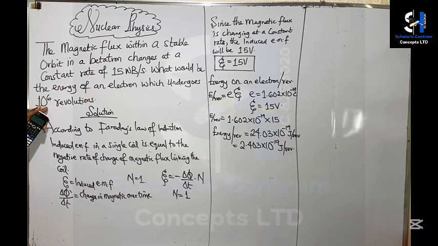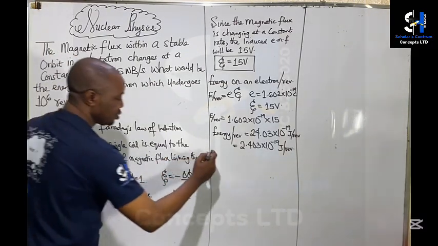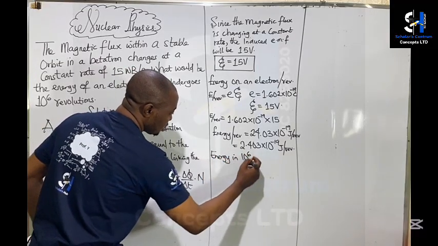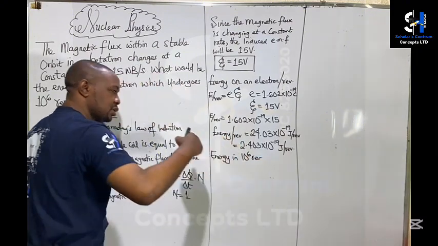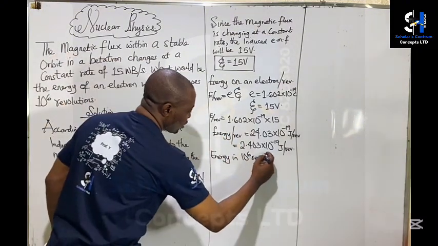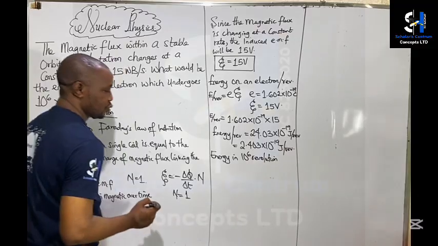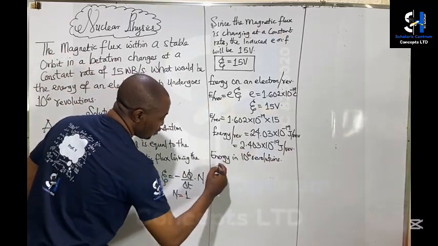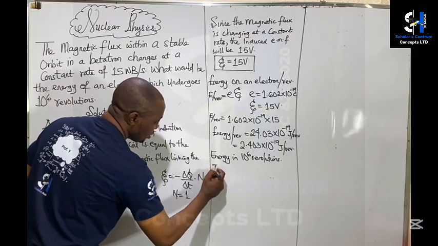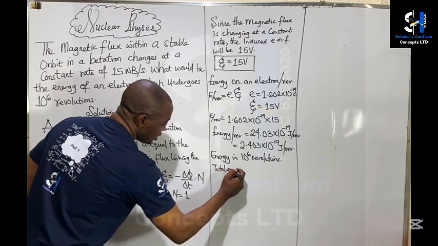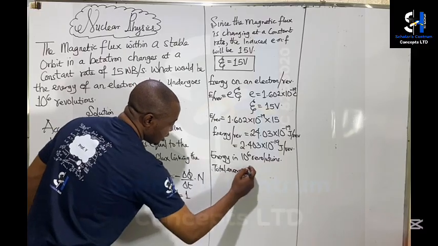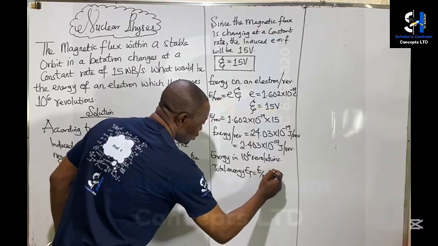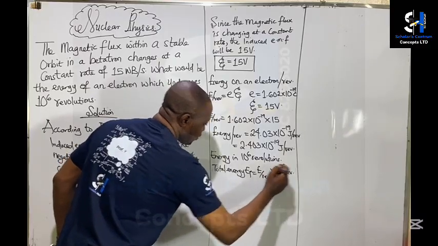To calculate the energy in 10 raised to the sixth revolution, not per 10 raised to the sixth revolution, that means the total energy, ET, will be equal to the energy per revolution multiplied by 10 raised to the sixth revolution.